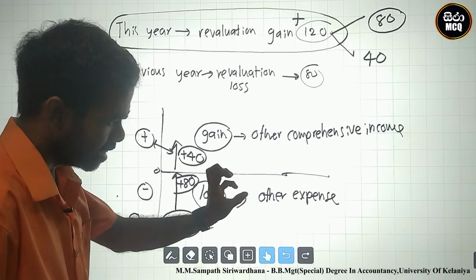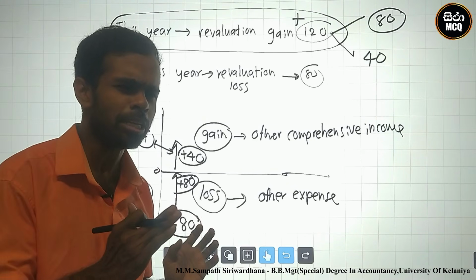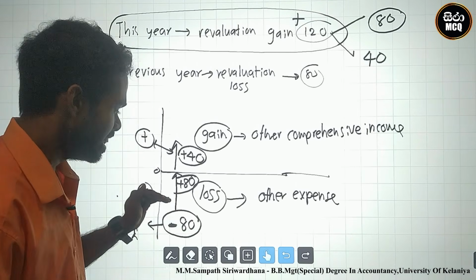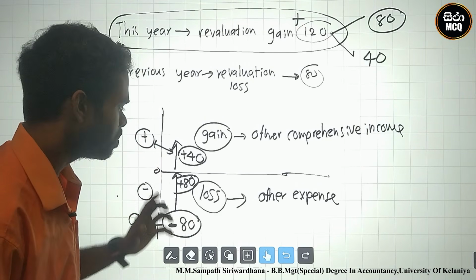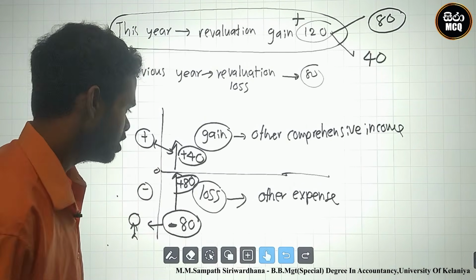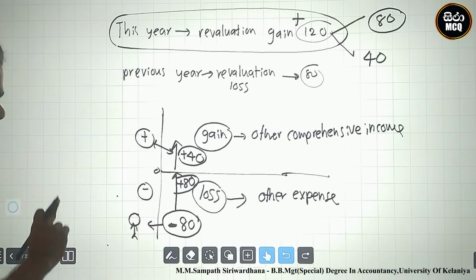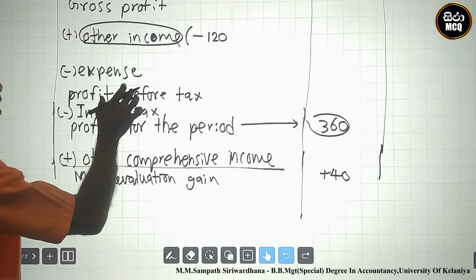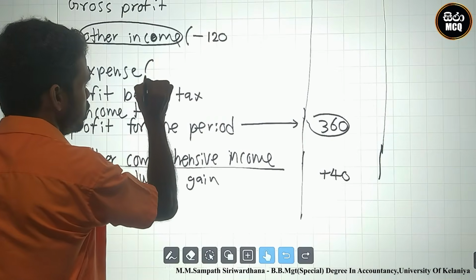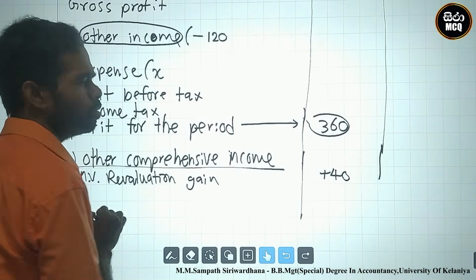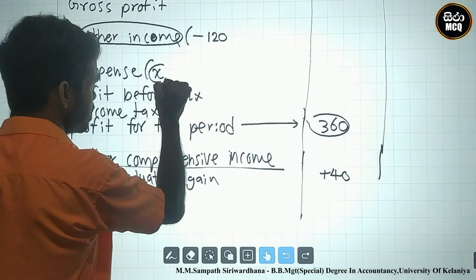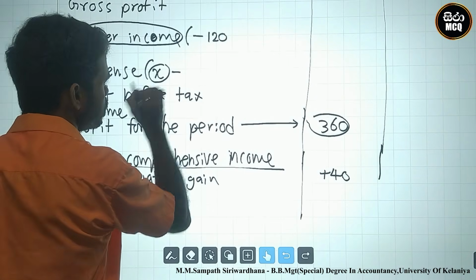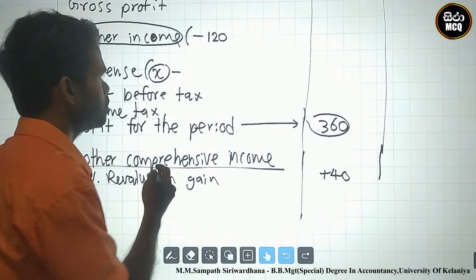Therefore, reverse the expense. You must eliminate from expense. Why? This is the reversal of other expense. Therefore, I eliminate, I minus this expense. Expense is x, no? I deduct from expense. This is the deduction of expense.